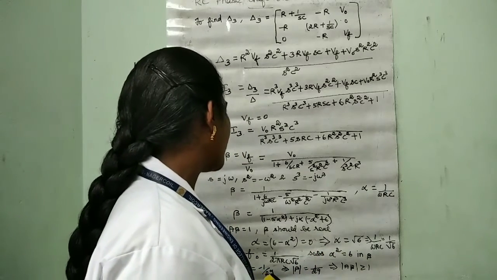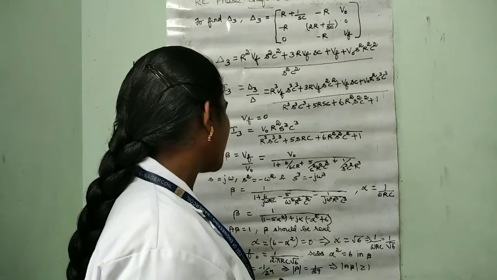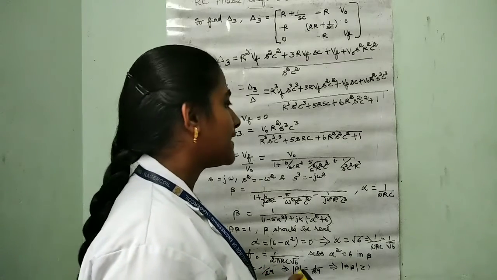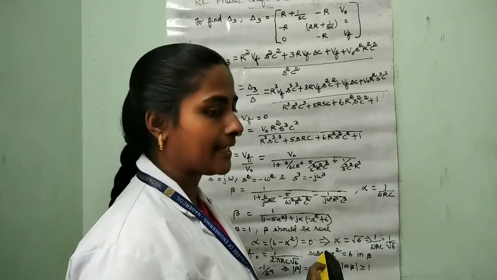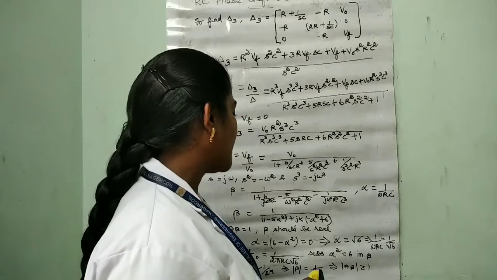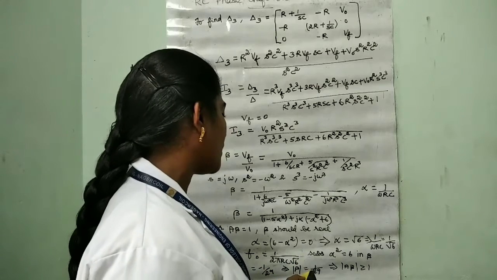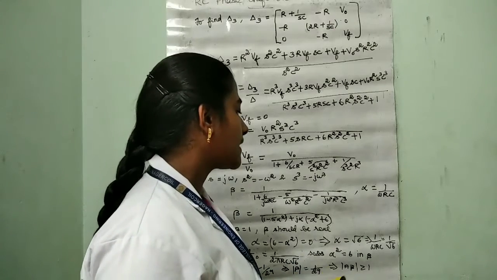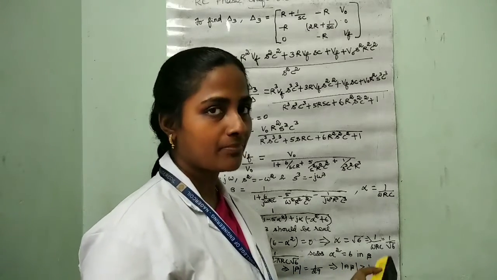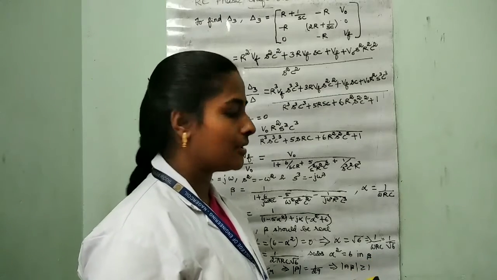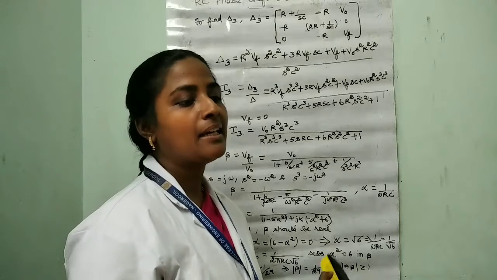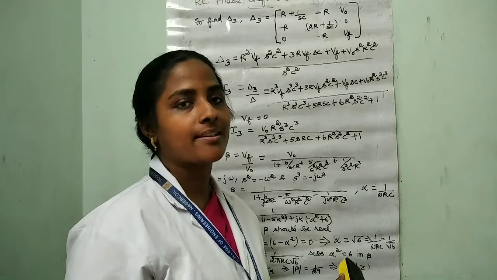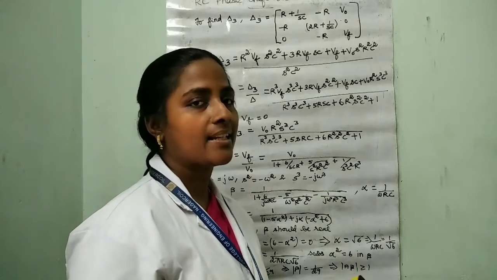So beta value is equal to minus 1 by 29. That is, modulus of beta is equal to 1 by 29. Here the negative sign indicates that the feedback network produces a phase shift of 180 degrees.